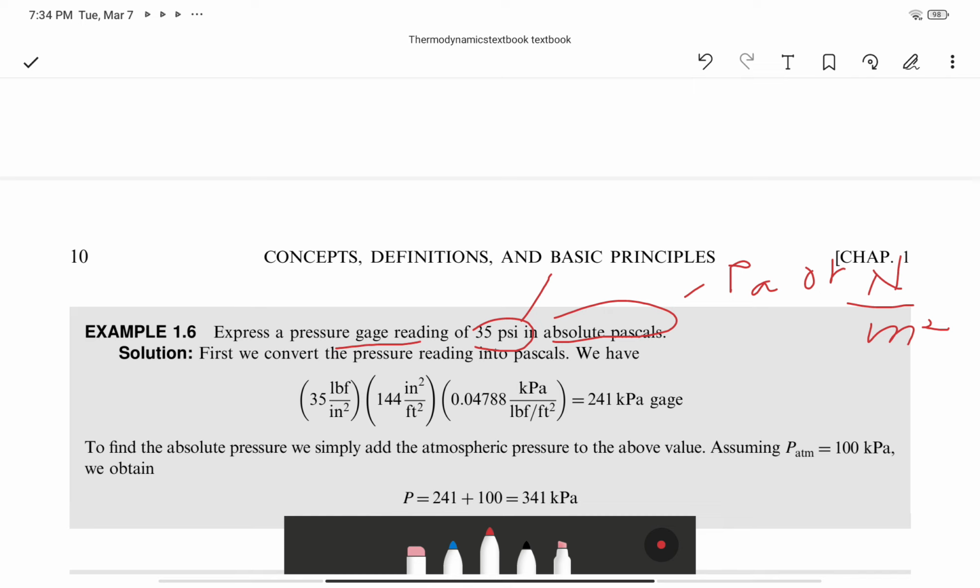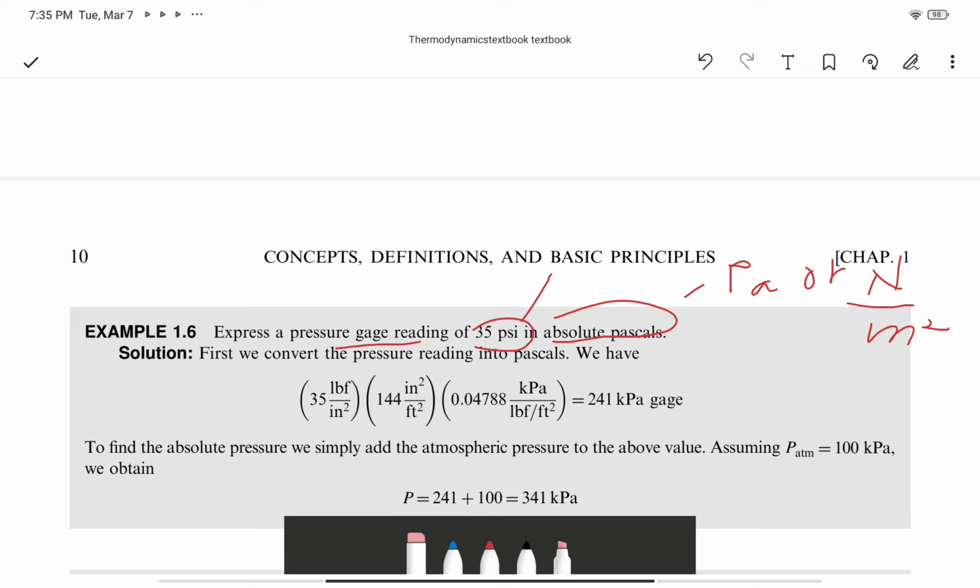Okay, so what we do is we convert the pressure reading into pascals. Because that's the way you do it. Otherwise, you cannot do that. So you have to convert it so that it will have the same units.